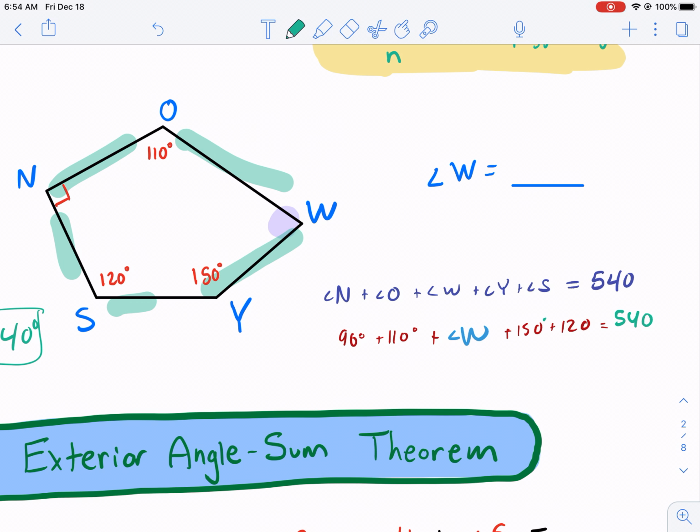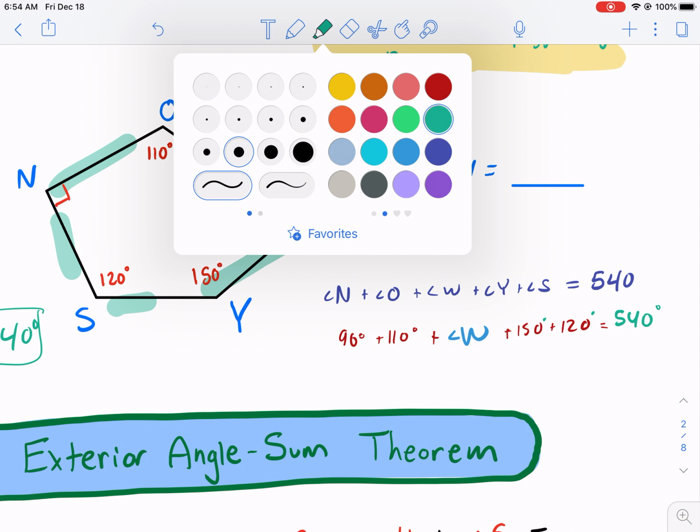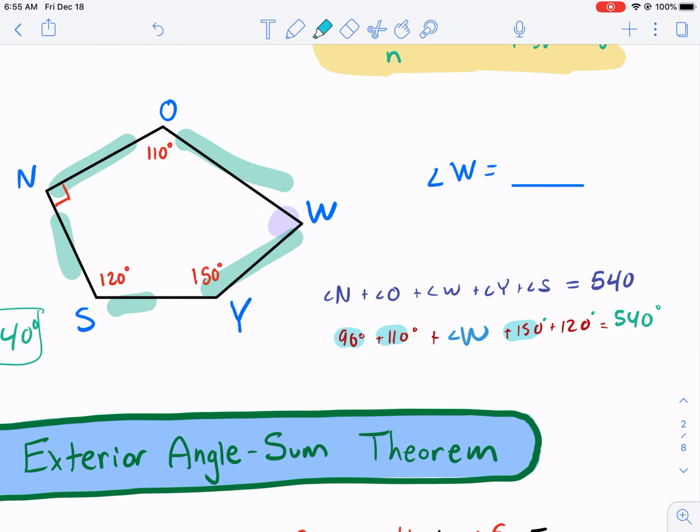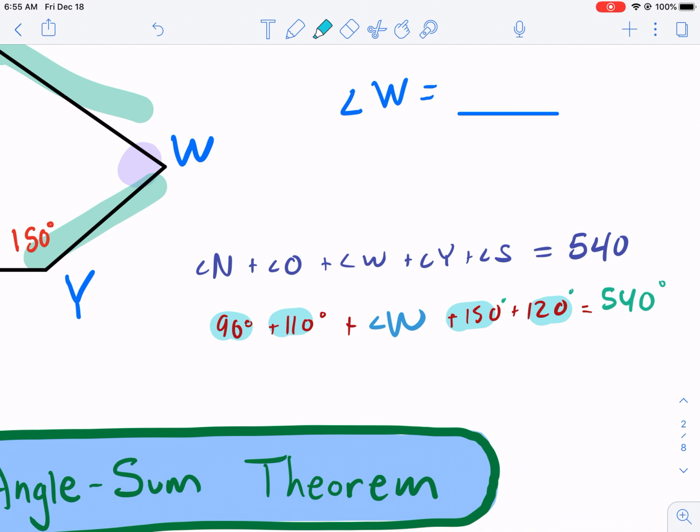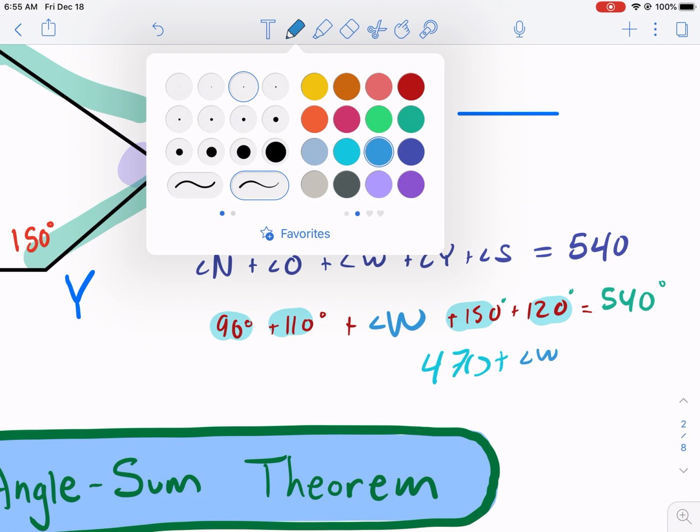I don't know why I put angles for some of these and others not. Whatever. Now, from here, you're just going to add up these numbers. So we have 90 plus 110 is 200. 200 plus 150 is 350. 350 plus 120 is 470. So all this adds up to 470 plus angle W equals 540.